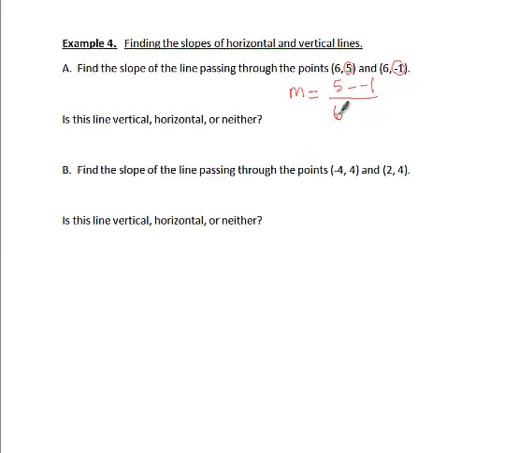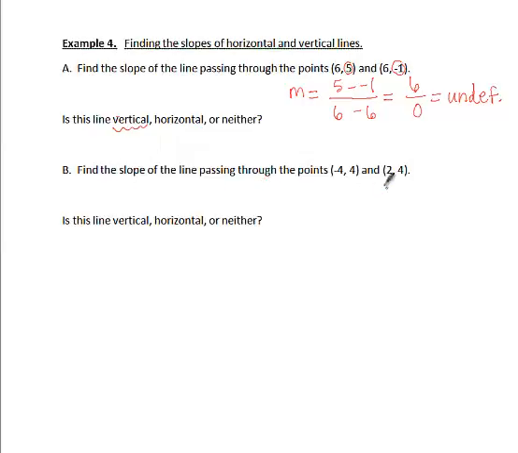Difference in the y's on the top, difference in the x's on the bottom, and I subtract 6 from the other point. The x coordinates match, and so when I subtract them on the bottom, I end up with a 0. And 6 divided by 0, a non-zero divided by 0, is called undefined. And so the only line that has an undefined slope is the vertical line.